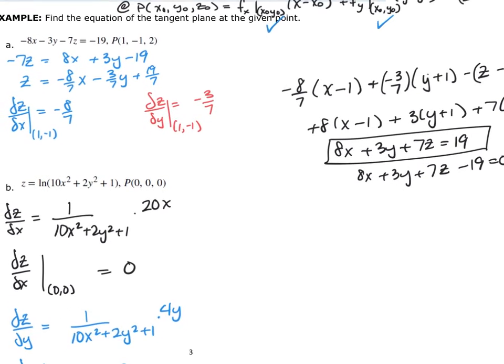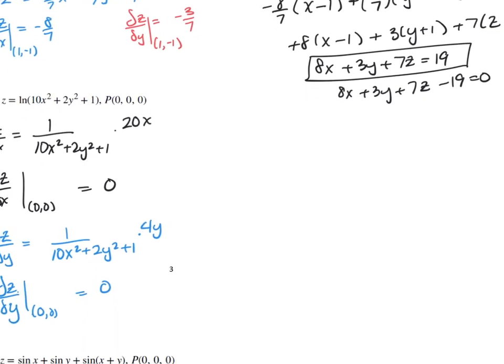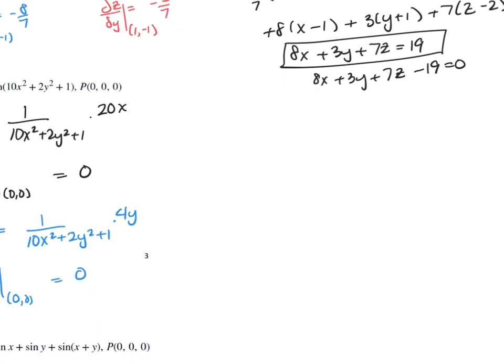So we're going to use the equation there, and we have 0, that's my partial derivative with respect to x, times x minus 0. And then plus 0, that's my partial derivative with respect to y, times y minus 0.